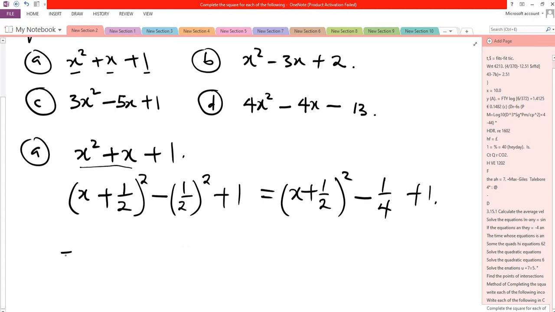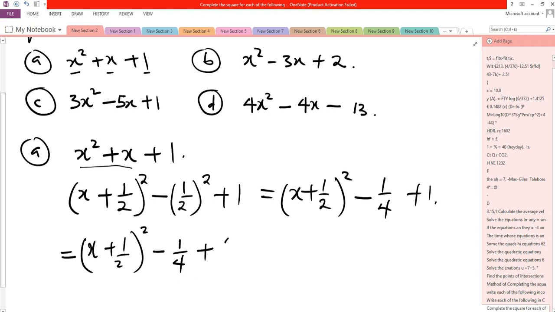So this will now amount to x plus 1 over 2 squared, minus 1 over 4 plus 1.